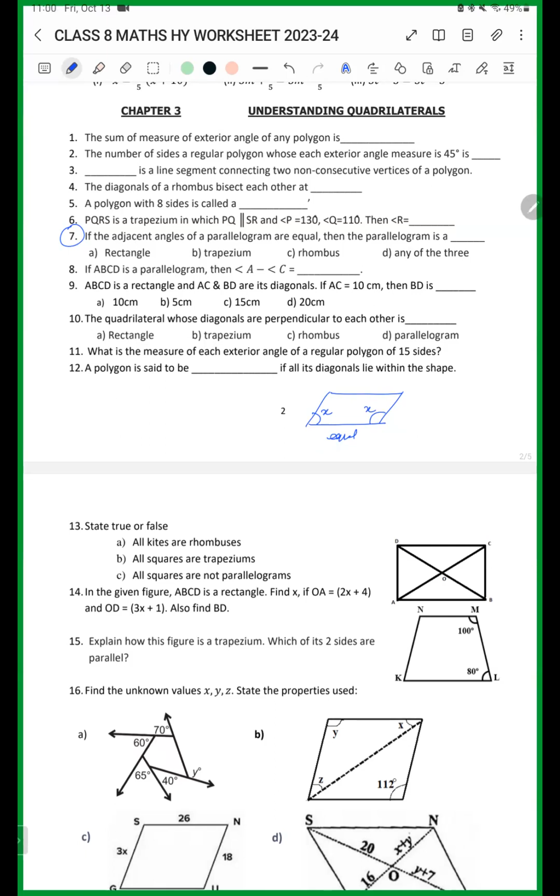That means x plus x is going to give you 180 degrees. That means 2x is 180, so x is 90 degrees. Meaning both of these angles are 90. So what happens if both the angles are 90? See, in a rectangle, all the angles are 90 degrees, so it's going to be a rectangle.